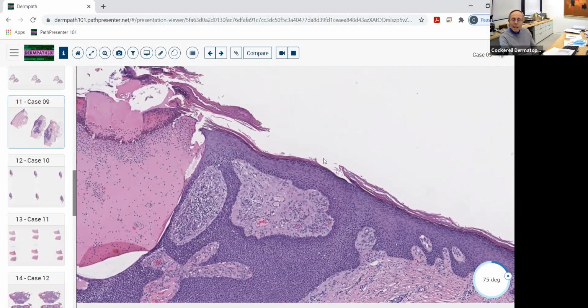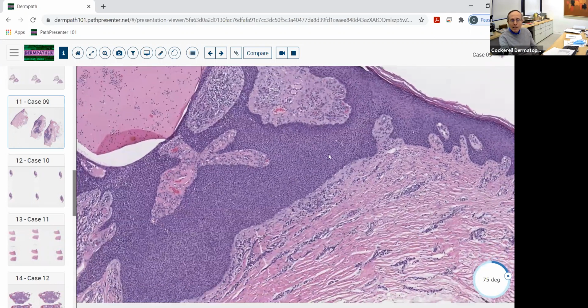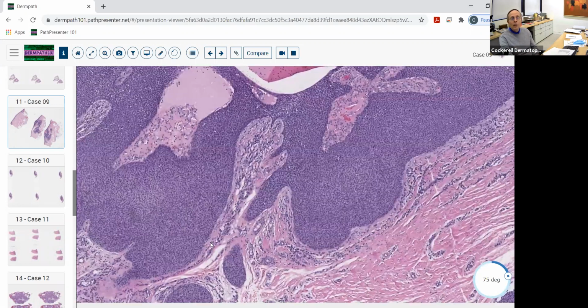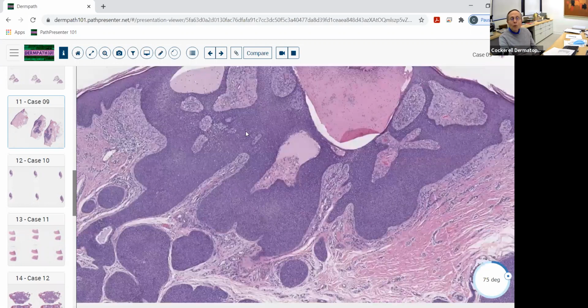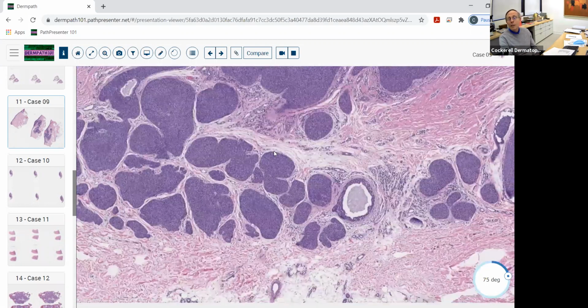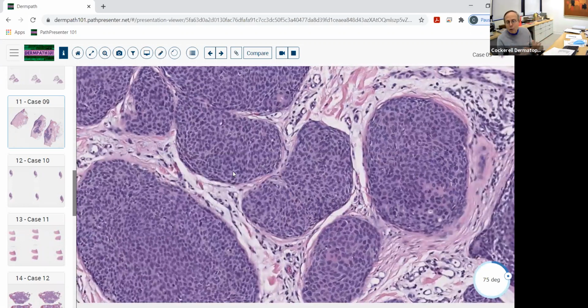When it starts forming these extensions that go down into the dermis, like you see here, then obviously we call it an eccrine poroma. When it breaks off and there's no contiguity with the epidermis, so let's say in a biopsy we saw only this part down here, we call that dermal duct tumor.